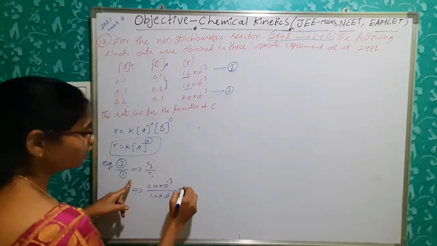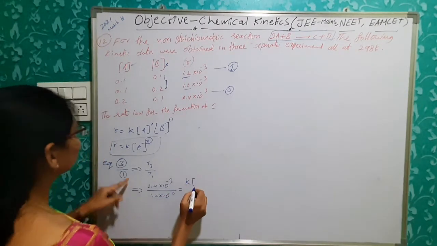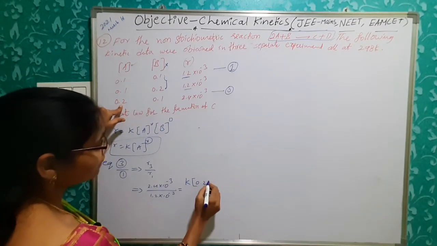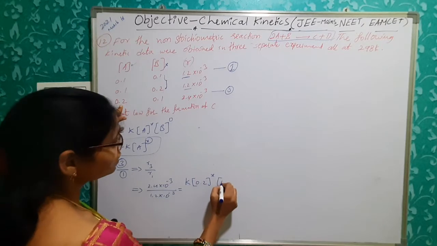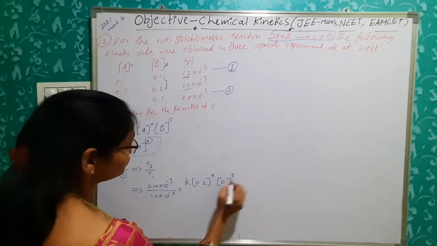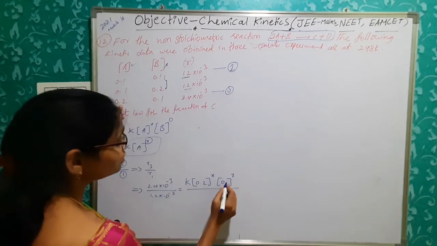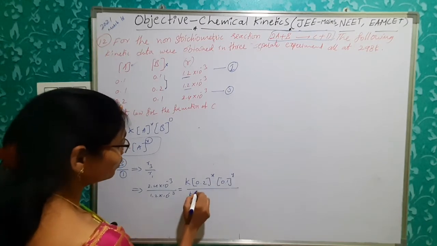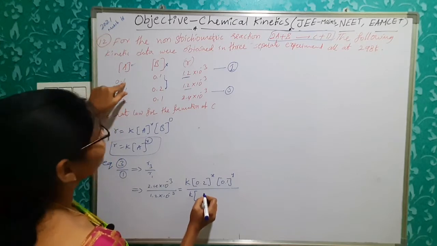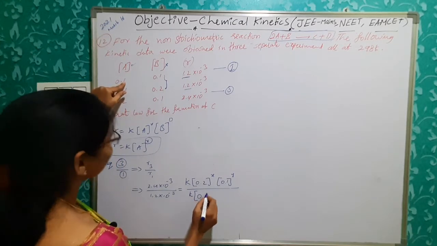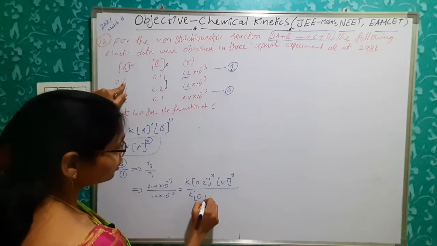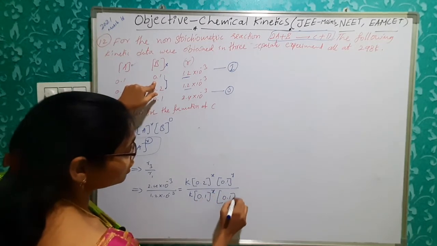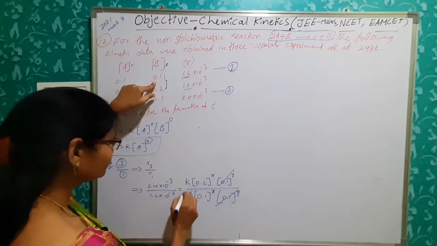That is equals to K into concentration of A 0.2 power X, concentration of B, nothing but 0.1 power Y, by K into concentration of first equation A 0.1 power X, concentration of B 0.1 power Y. Okay.